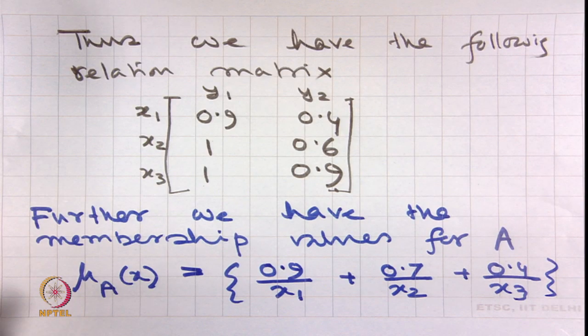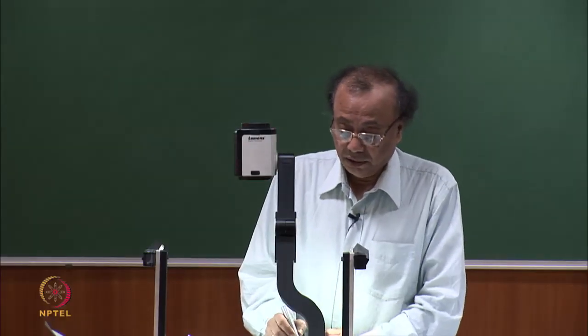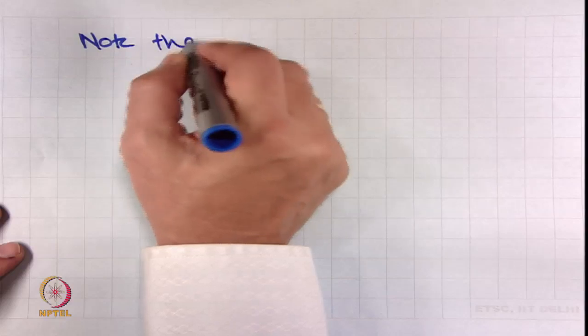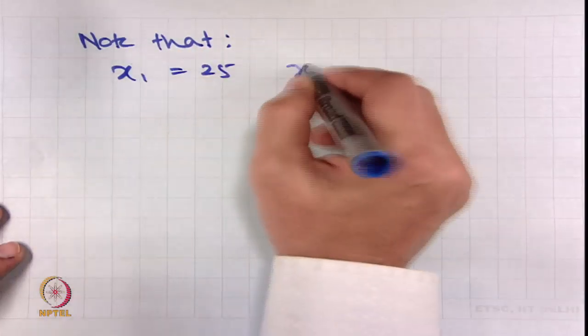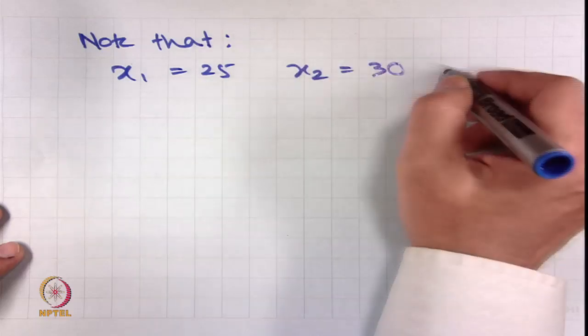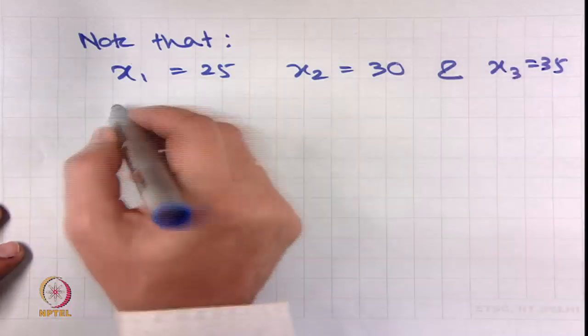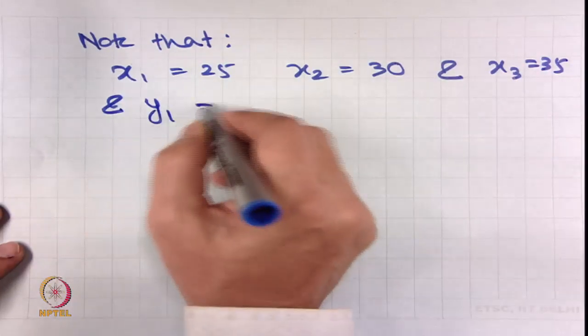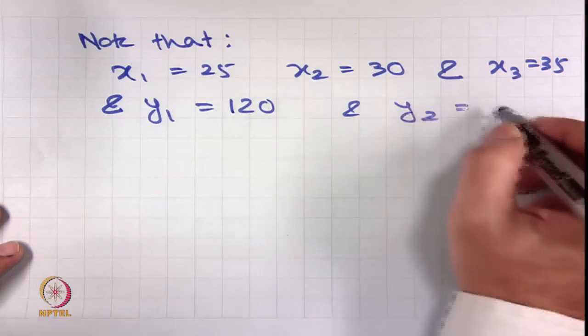Note that x 1 is equal to 25, x 2 is equal to 30 and x 3 is equal to 35, and y 1 is equal to 120 and y 2 is equal to 200.